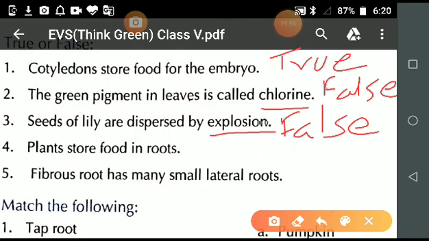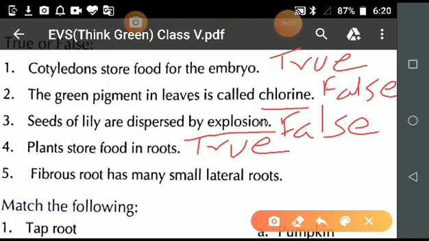So the question is, plants store food in roots. Now, Abhay, tell, is this true or false? Sit down. Very good answer. This is true. Now, next question.